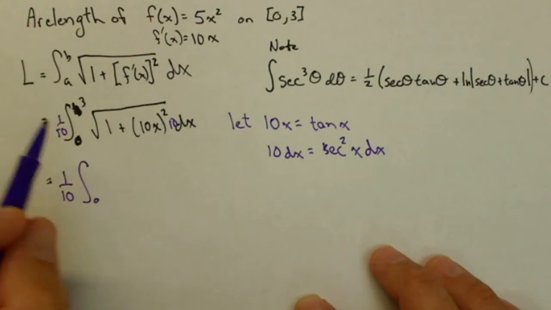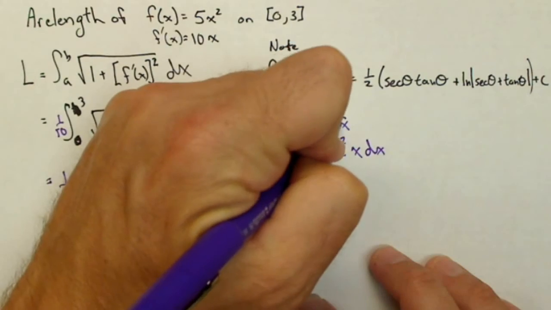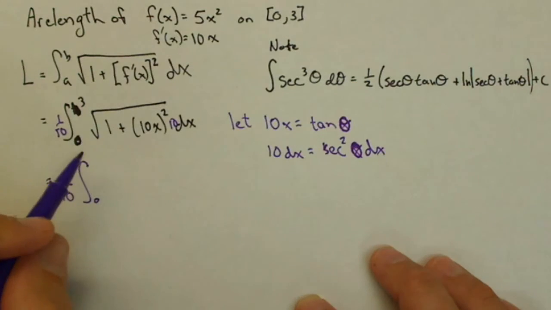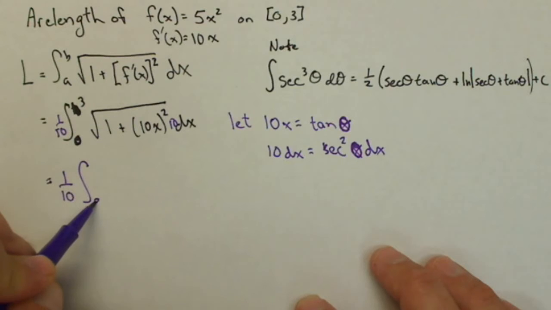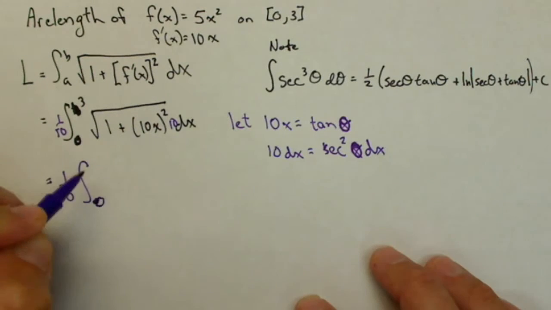0 to 3. We might go ahead and change these. Actually, we probably shouldn't use x here. Let's change those maybe to thetas. We'll probably change our limits. Well, let's leave them for right now and see what happens.